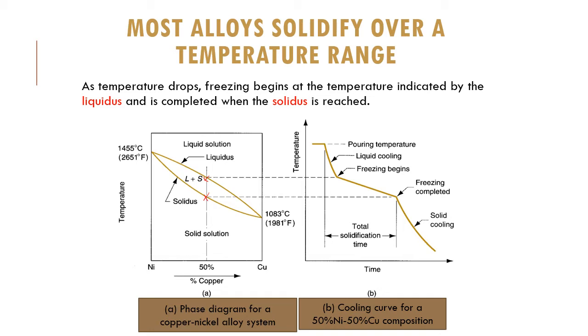This is the liquidus and this is the solidus, so in between here is where freezing begins until freezing is complete. Once it reaches the solidus, it is considered solid cooling. The total solidification time starts from the pouring temperature until the molten metal reaches the solidus.